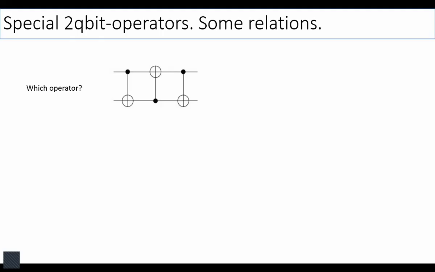Let me see how this acts on the state 0, 1. How would the first C0 act? It will do nothing. How would not C act?